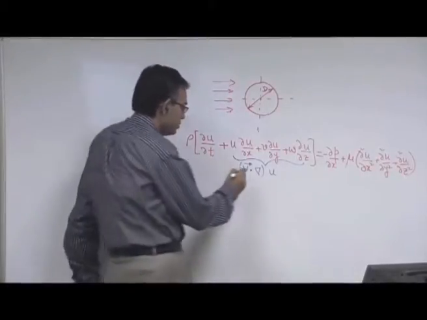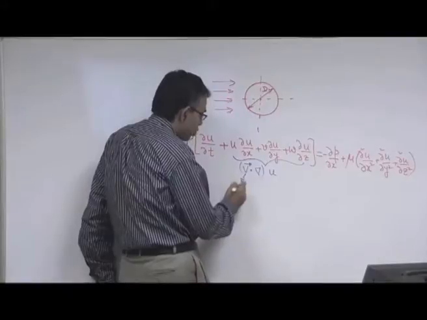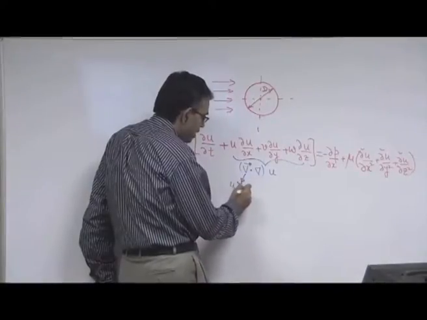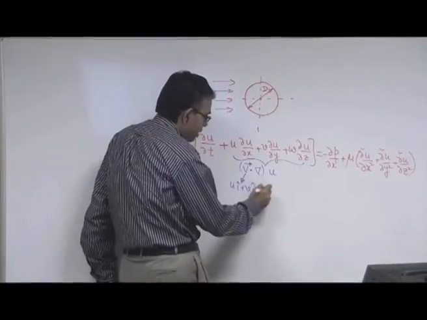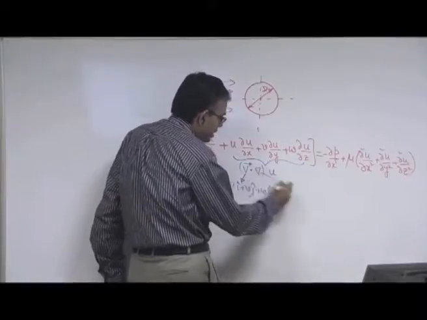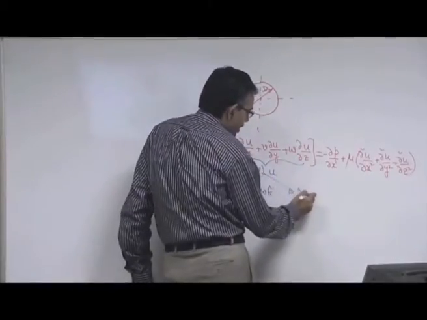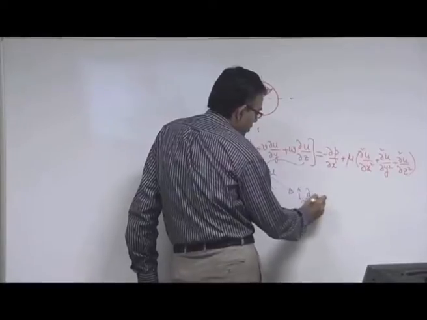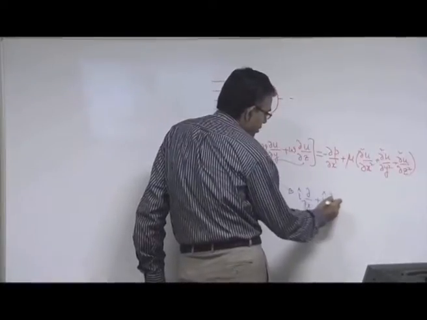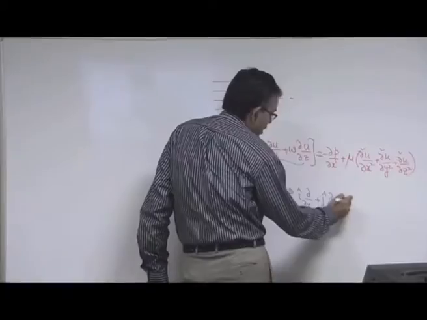This V is ui plus Vj plus Wk, and what is this del? I del x plus j del y plus k del z.